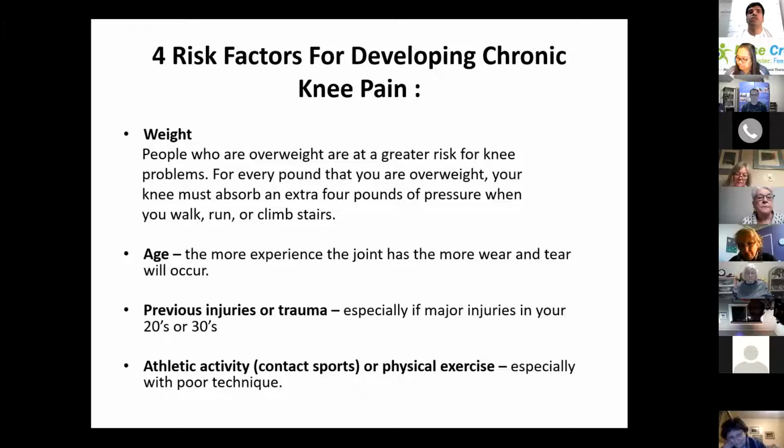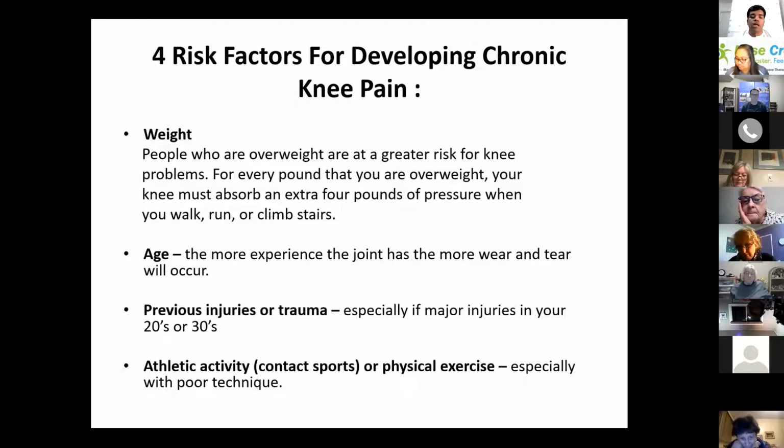When we are young, if we have knee injuries, for example, injuries to the ligaments like ACL and injuries to the meniscus, we tend to develop knee problems, especially arthritic changes, earlier than persons who don't have knee injuries when they are young. Okay, so previous injuries are one of the common reasons to develop chronic knee problems.